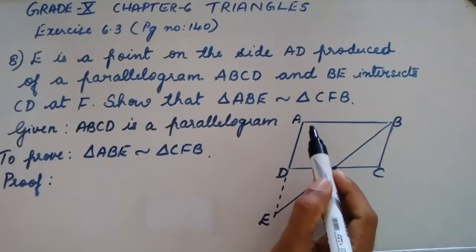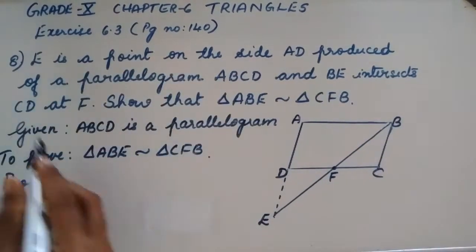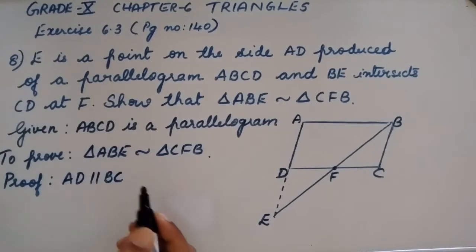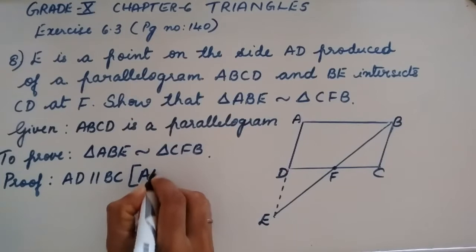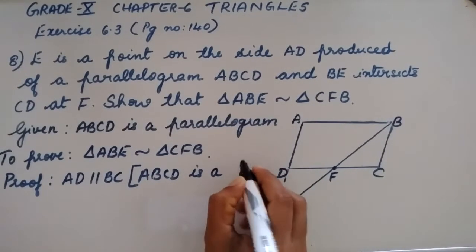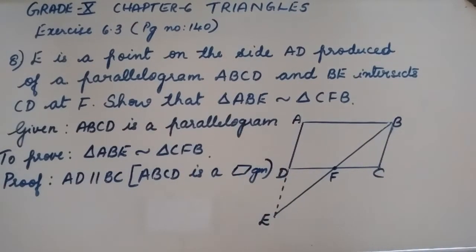So here first let me write AD parallel to BC. So AD is parallel to BC because what is the reason? Because ABCD is a parallelogram.